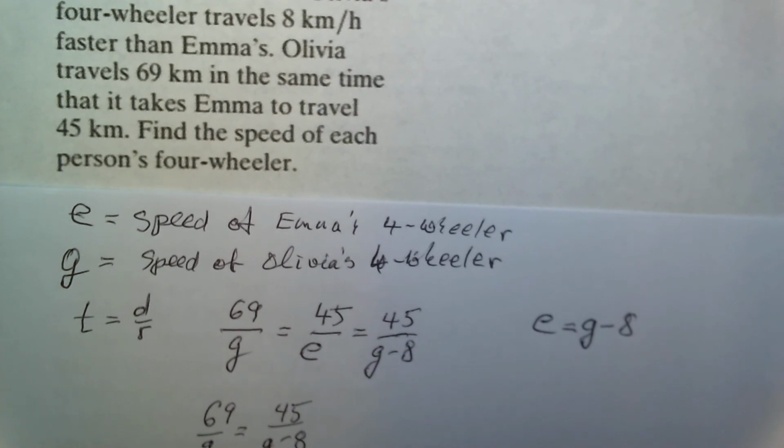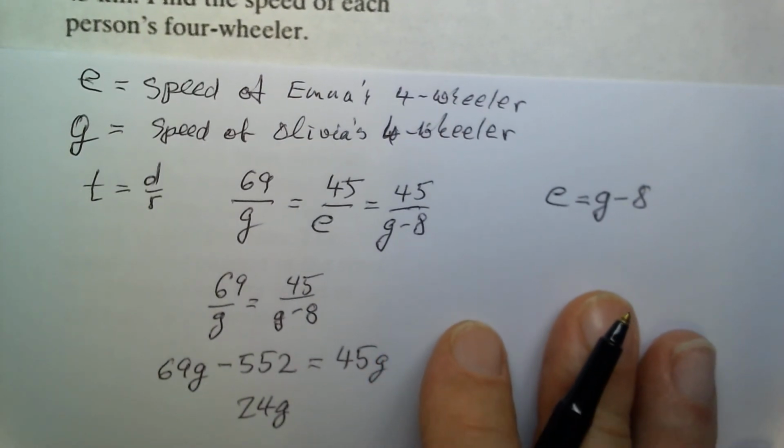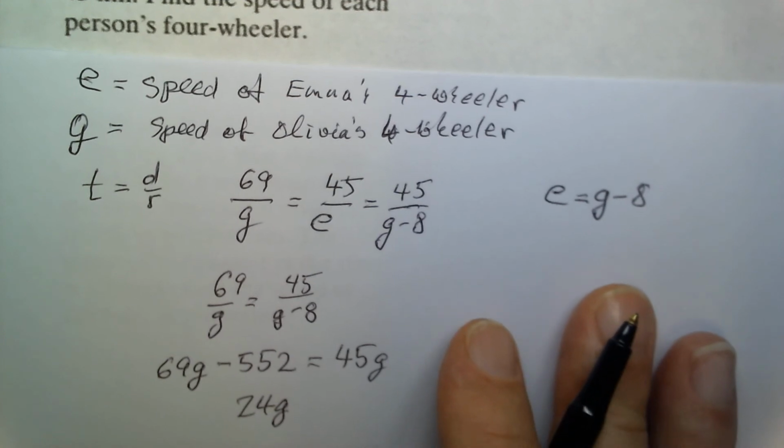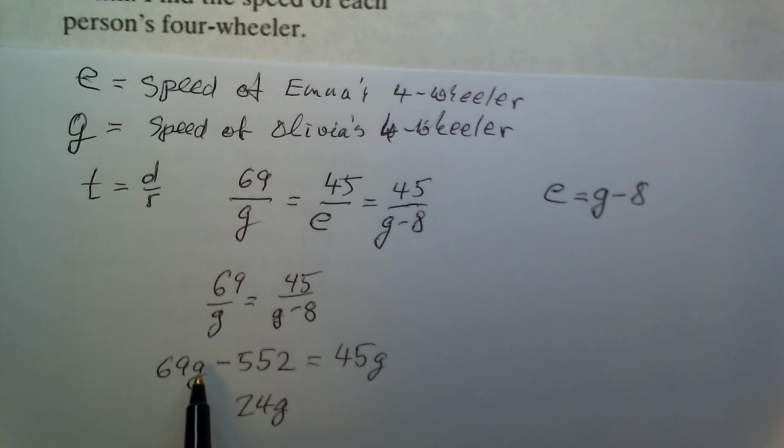So now we subtract 45G on both sides and add 552. So then 24G. So here we cross multiplied, 69 times G is 69G, and 69 times minus 8 is minus 552, and G times 45 is 45G.